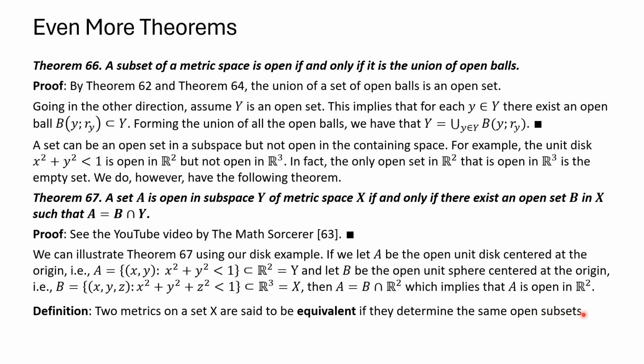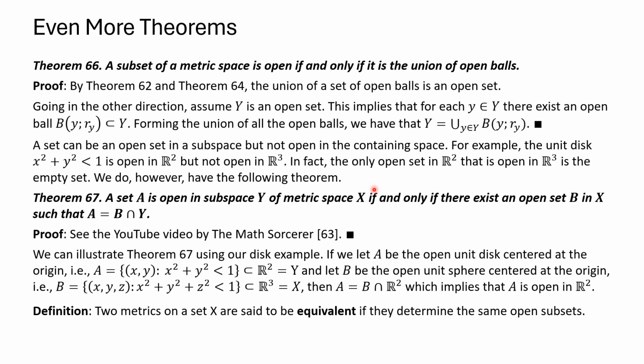You can have two valid metrics, say on R2, and they could very well give rise to different open sets. If you recall from the first lecture, we talked about the taxicab metric and the Euclidean metric on R2. So you may want to think about whether those two generate the same open sets or not. I'll leave that as an exercise for the listener.